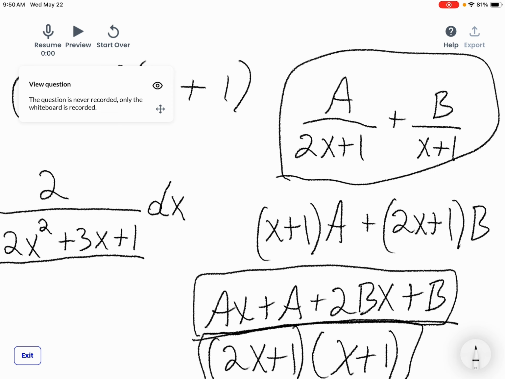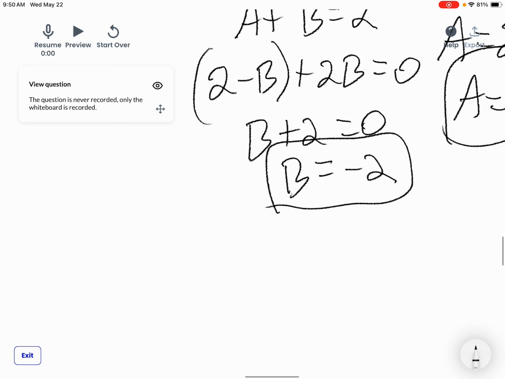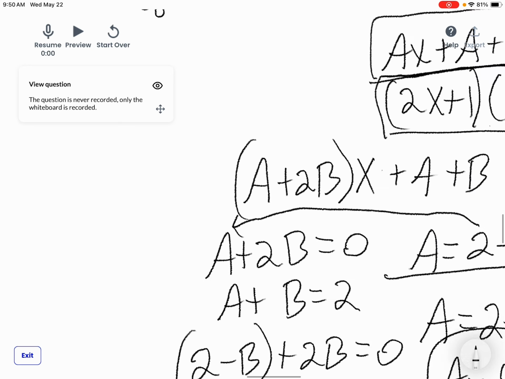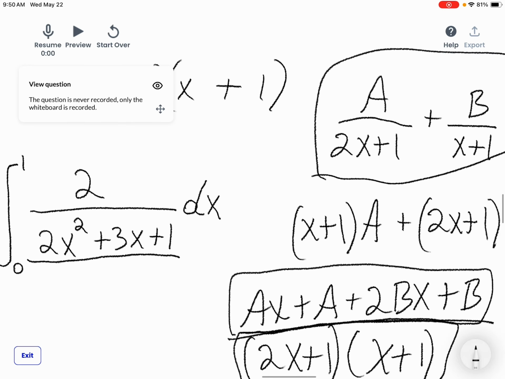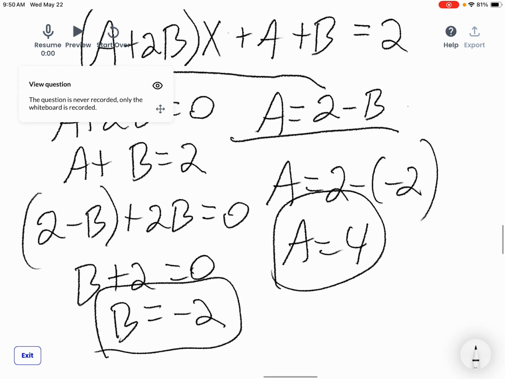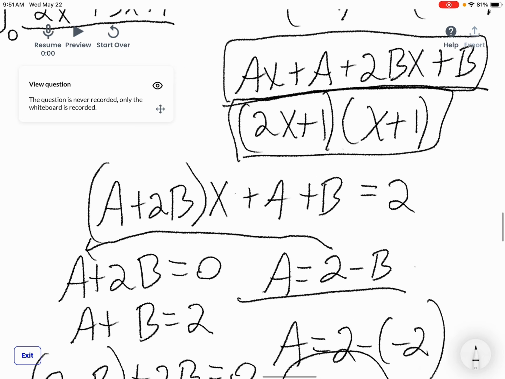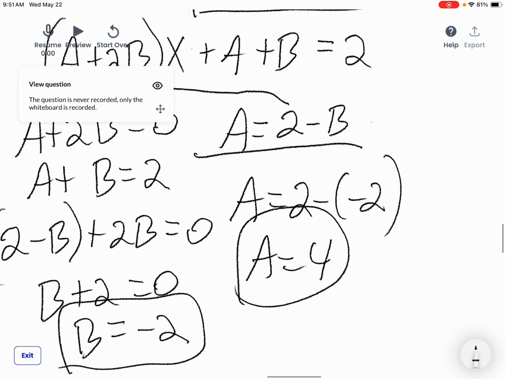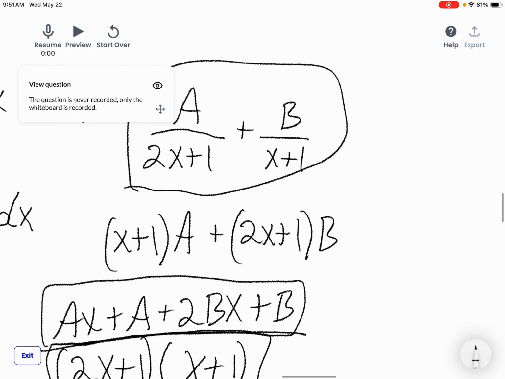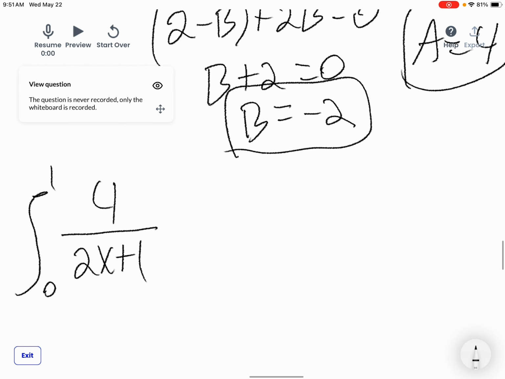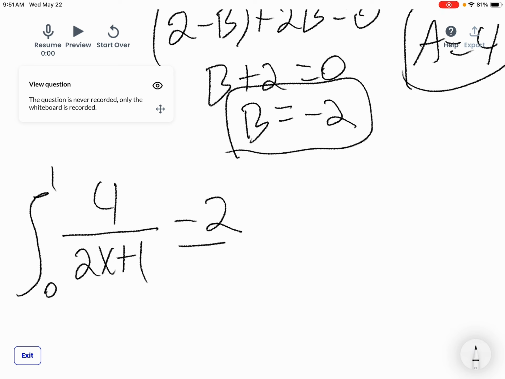Now we know a and b, so our integral becomes the integral, still from 0 to 1, of a over 2x plus 1, but a is just 4, so we get 4 over 2x plus 1, and then plus b, but b is negative 2, so minus 2 over x plus 1 dx.